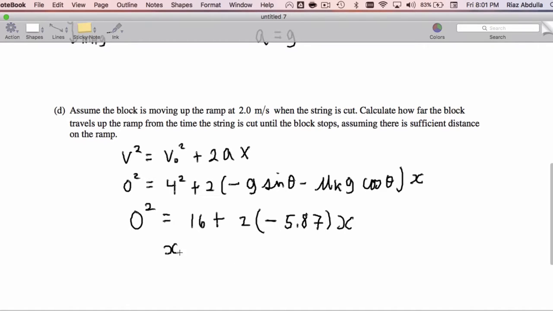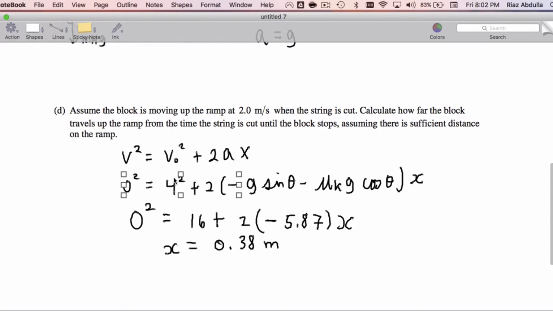And when we simplify that, let's see. So that's v squared, that's 2 squared divided by 2 times 5.87. They're getting 0.38 meters, and I got to double check why.